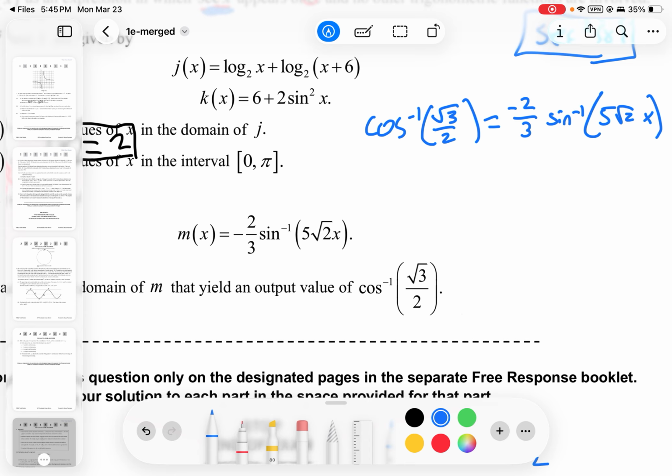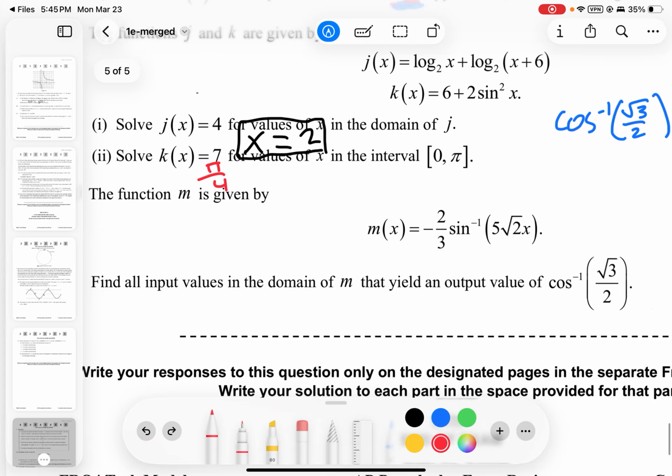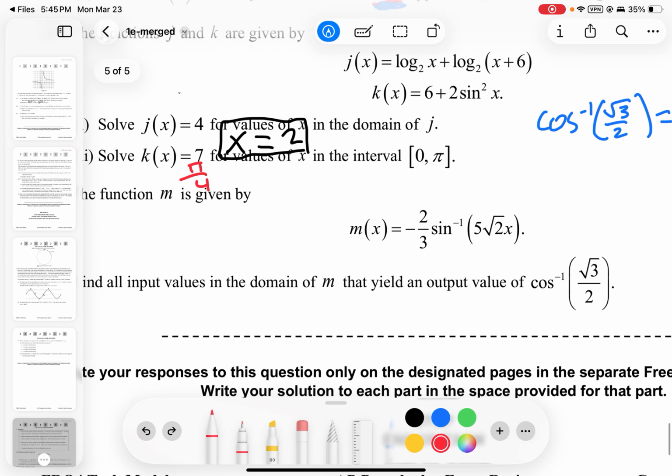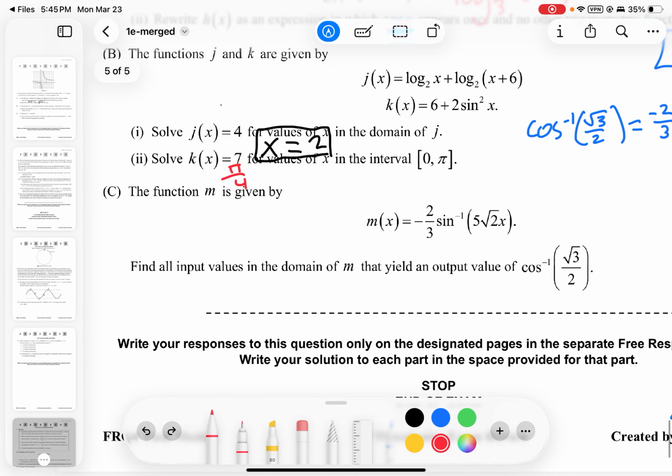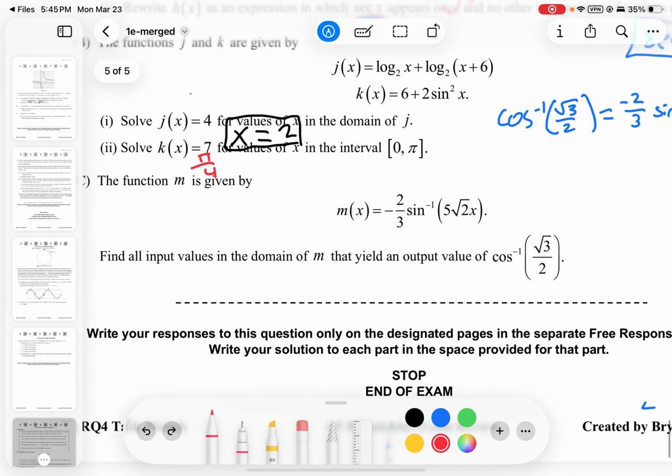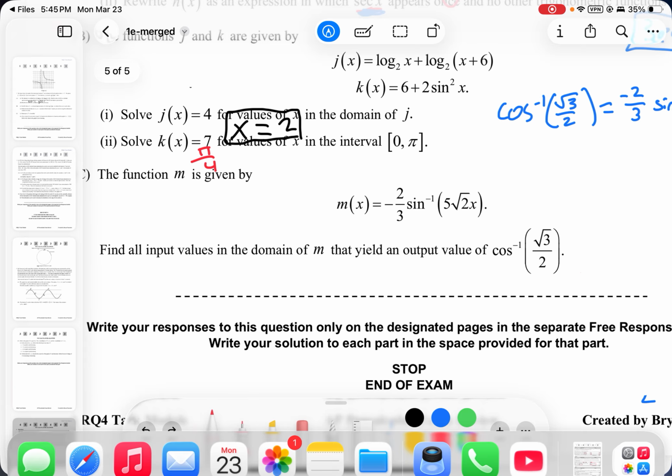Okay. First thing, and you'll get a point for just doing this. Figuring out what this equals. Well, it's really saying what input to cosine makes the square root of 3 over 2? Are we restricted on our domain at all?